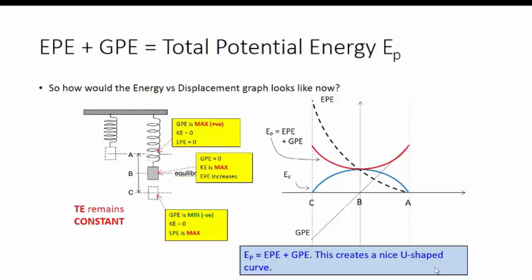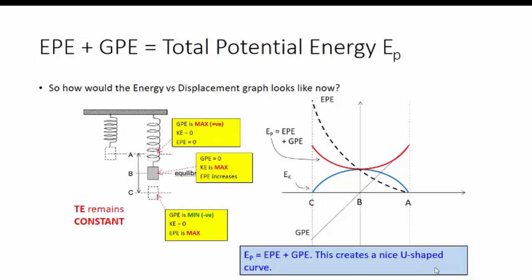In horizontal oscillation, the curve goes all the way down to zero at point B, the equilibrium position. Now it has been shifted up. So the total potential energy, which is defined as the sum of elastic potential energy and gravitational potential energy, has the same shape as before, similar to the horizontal oscillation, except that it is moved a little bit higher than before.